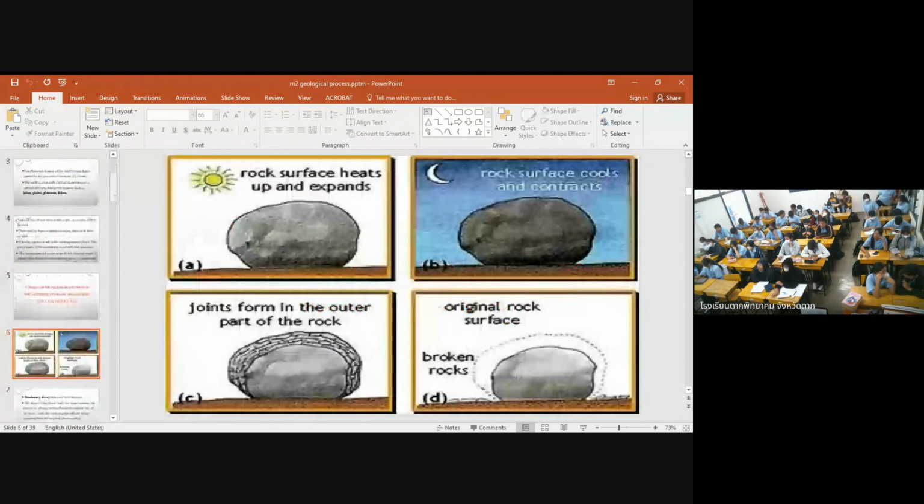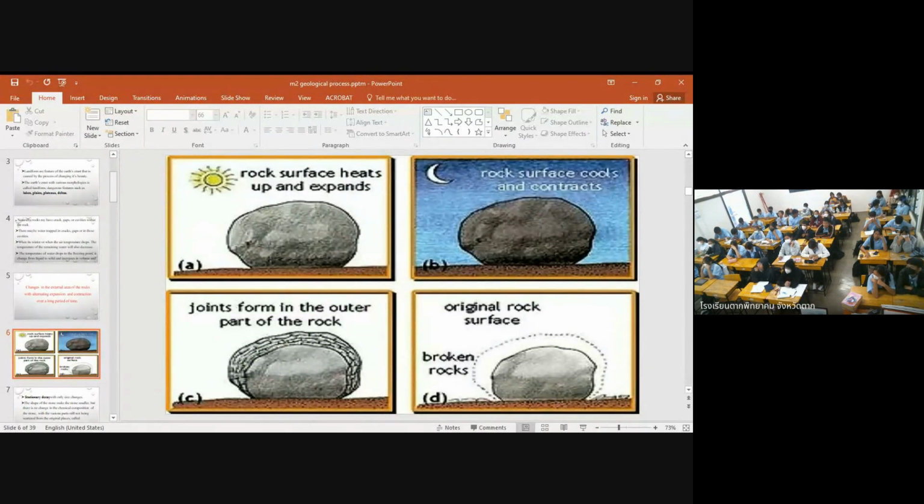For example, this picture. The rock surface heats up and expands. Have you tried to touch a stone in the day? It is hot, right?